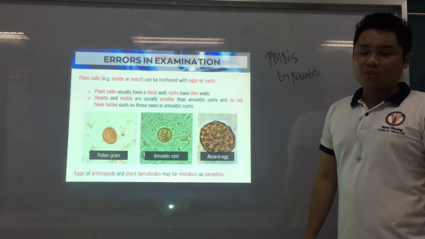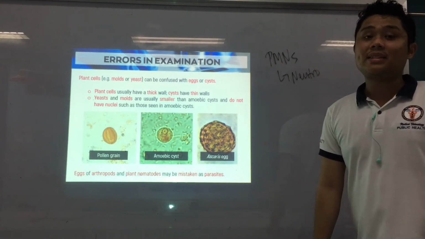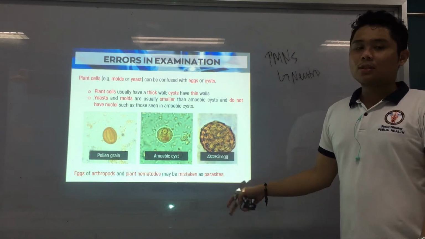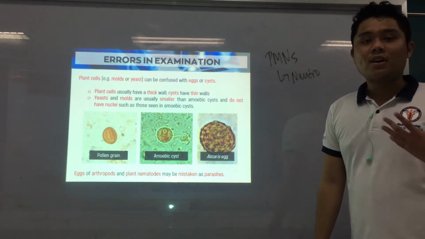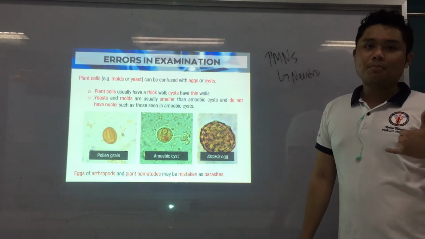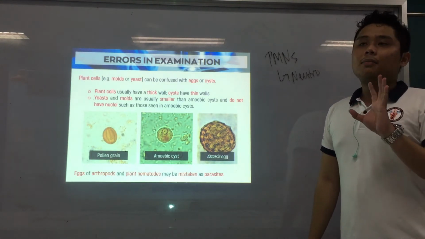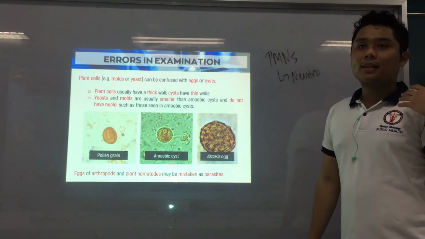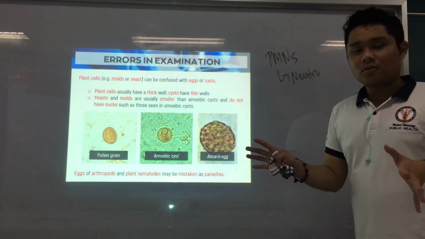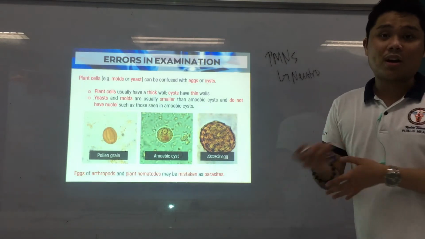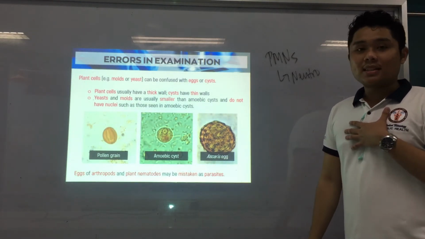And lastly, eggs of arthropods and plant nematodes may be mistaken as parasites. I have not experienced this, but if you encounter this, then you could always ask your pathologist for confirmation or your other medtechs. Just look at the parasites that we know, their appearances in their eggs and their larvae or adults. They have distinct characteristics.